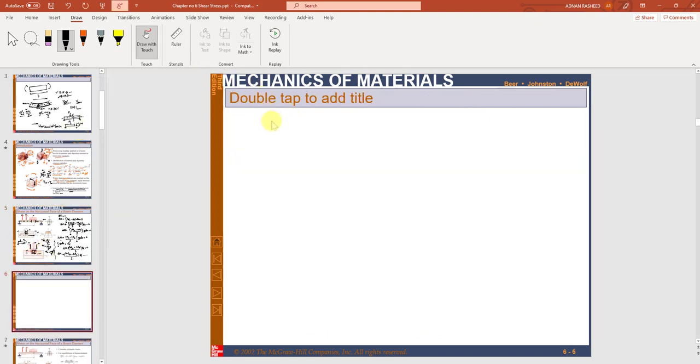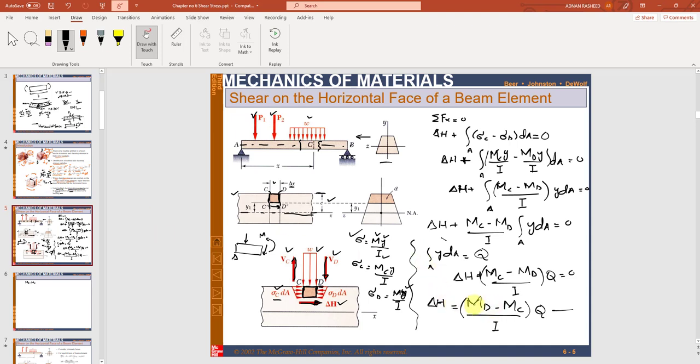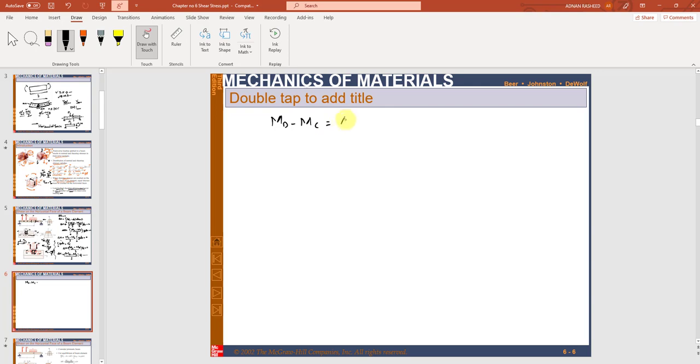As you know, this term mD minus mC is equal to delta M. So if you divide both sides of the equation by delta x, and delta x is the thickness of the section, this equation will be (mD minus mC) over delta x is equal to delta M over delta x.